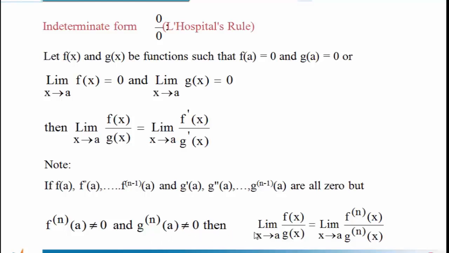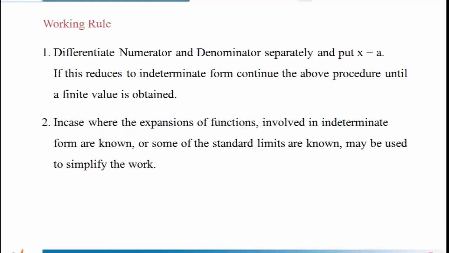Then the limit of f of x divided by g of x equals the limit of the nth derivative of f divided by the nth derivative of g. Working rule: differentiate numerator and denominator separately and put x equal to a. If this reduces to an indeterminate form, continue the above procedure until a finite value is obtained.